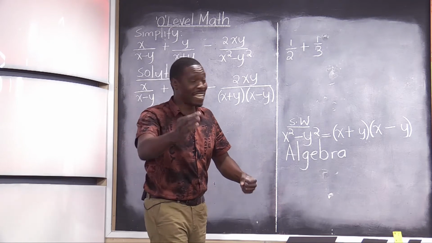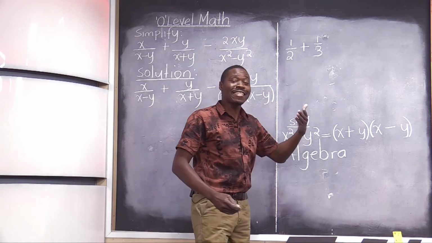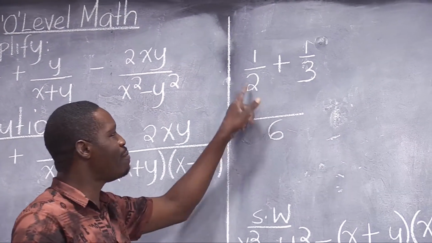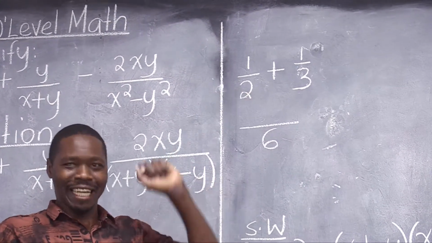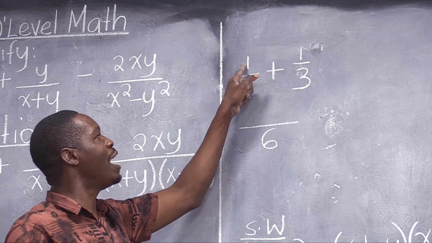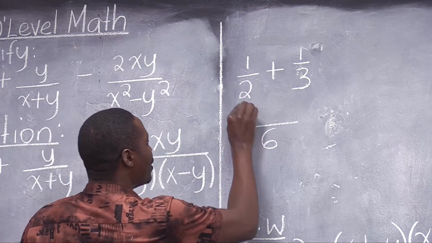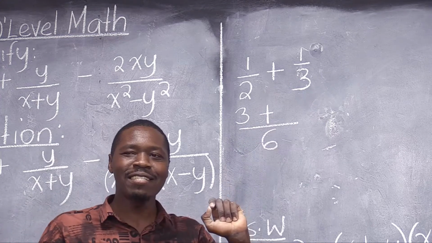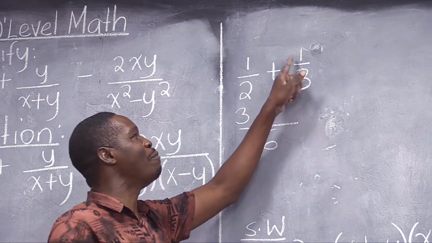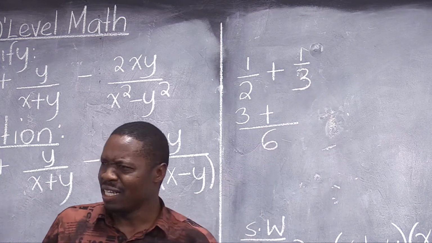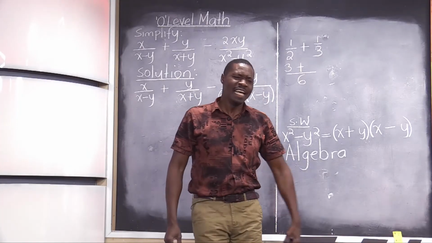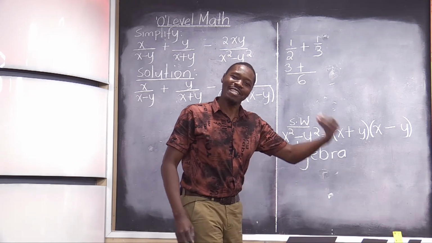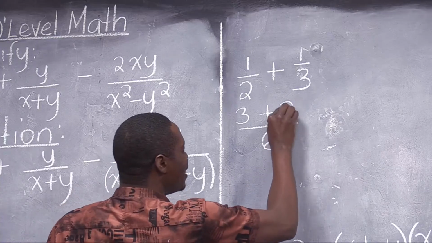Someone is telling us the LCM of 2 and 3 is a 6. Good, so we shall have a 6 here. 6 divided by 2, class, what do you get? A 3. 3 times 1, a 3. So we write our 3 there. Plus 6 divided by 3, class, a 2. 2 times 1, not a 21, it is a 2.